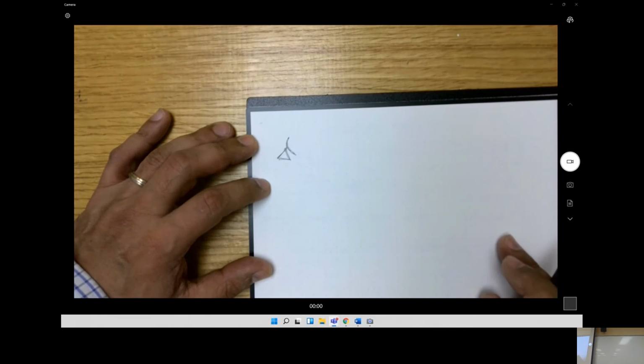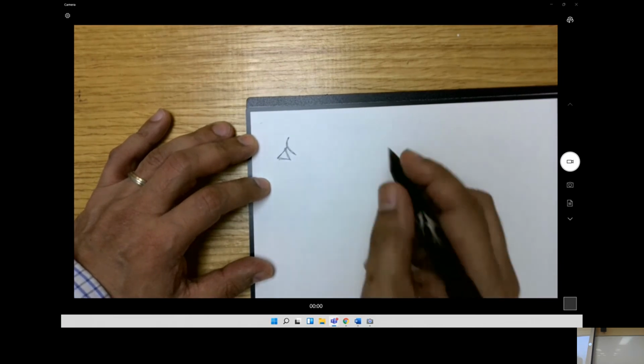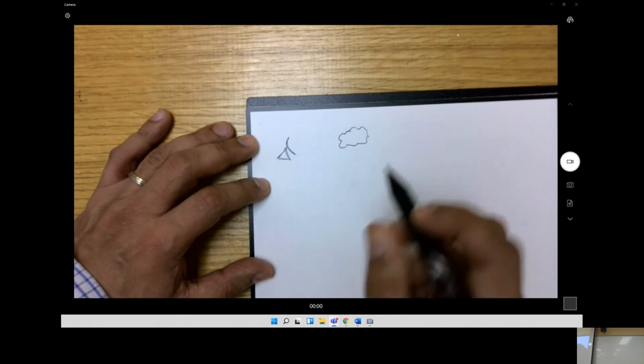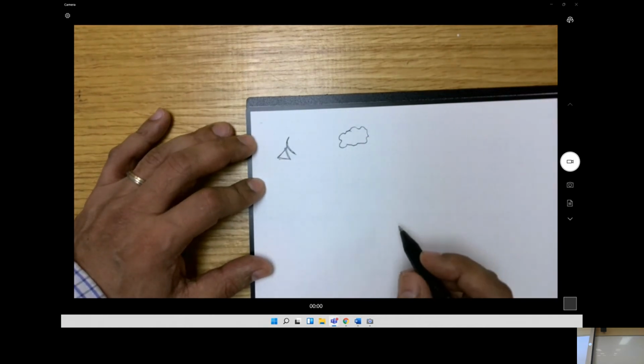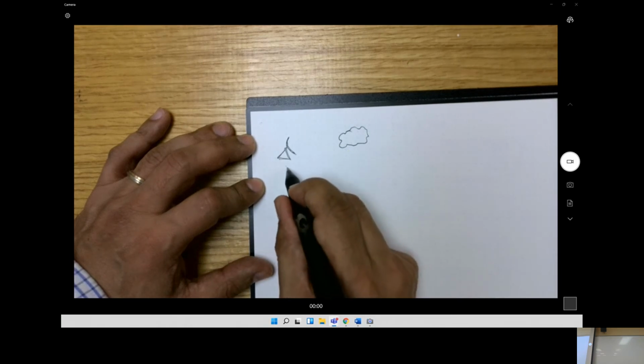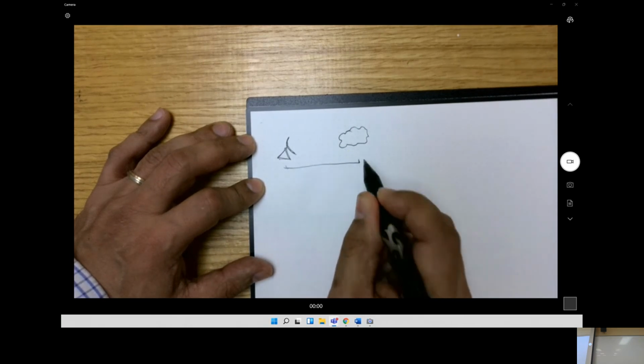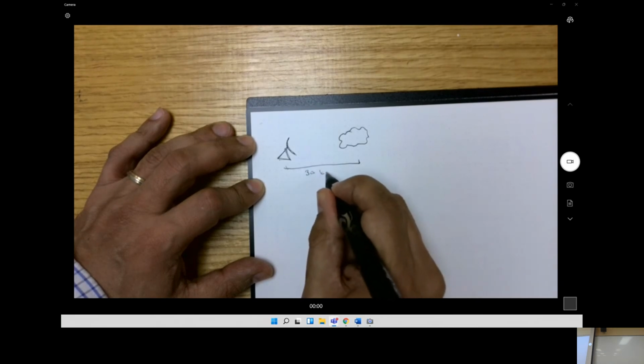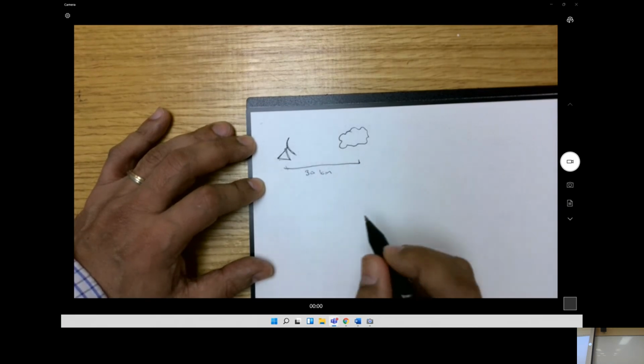And the radar is looking at a cloud with rain. The cloud is at, I'm going to say, 30 kilometers away from the radar.